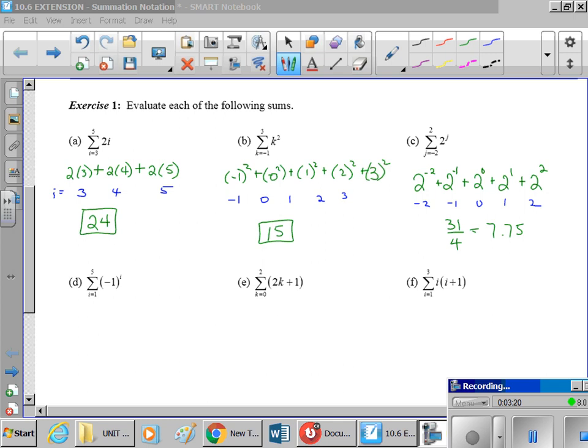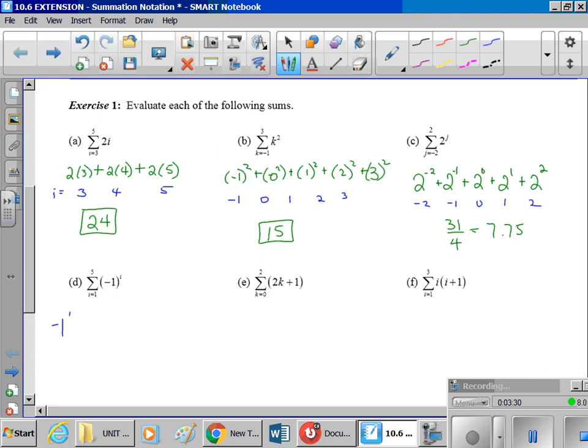Now the negative ones, basically when you have negative 1 to a power, all that's going to do is flip-flop the negative ones. What this tells me is we're going to get negative 1 to the first power, plus negative 1 to the second power, plus negative 1 to the third power, and we're going to keep doing this until we get to our last index, which is negative 1 to the fifth power.